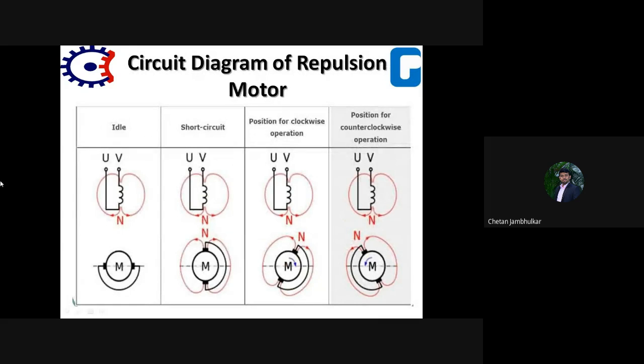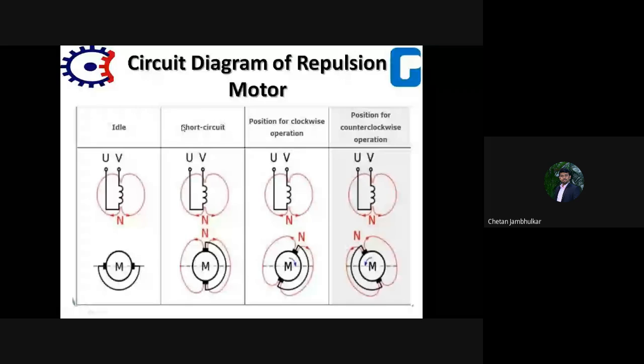Okay, so you see the circuit diagram of the repulsion motor here. If you pass current in the inductor, at that time electromagnetic force will be induced, or flux will be produced. When the flux is produced, suppose the motor is in this position, and when short circuit occurs, the motor will be at this position.